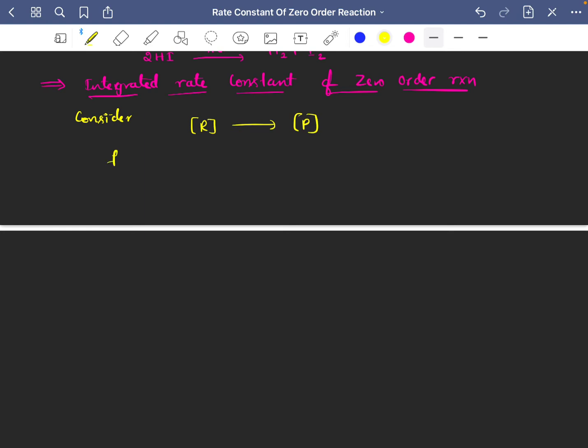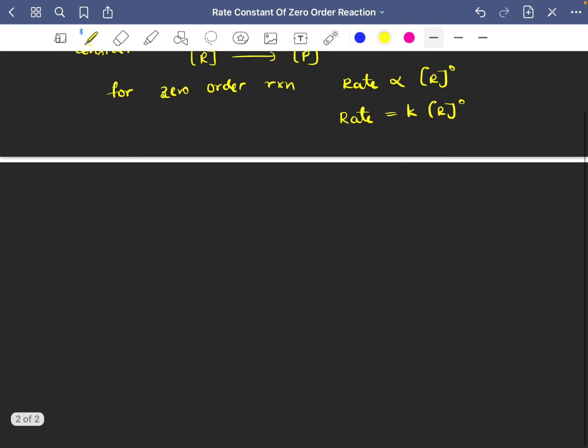So for zero order reaction, we know rate is directly proportional to concentration of reactants power 0. If you remove this proportionality symbol, rate is equal to a rate constant times concentration of R power 0.